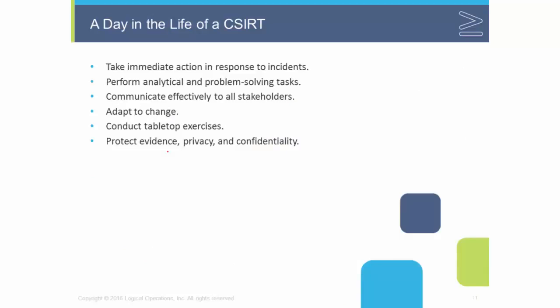There are many different types of activities that the CSIRT will perform on a daily basis, and of course, one of the things that they'll need to do will be to take an immediate action when an incident occurs, responding to that incident. Some of the things that they're going to want to do would be, of course, to keep in mind that they are trying to protect systems from the damage or harm that the intruder could cause, identify workarounds to be able to deal with that issue.